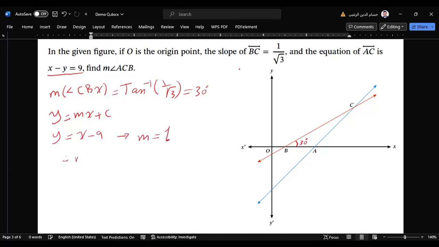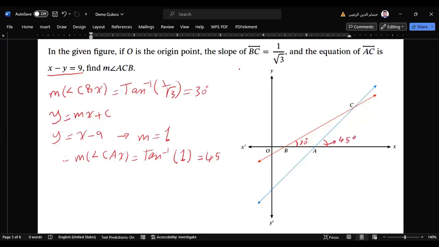Then the measure of angle CAX equal shift tan minus 1 of 1, which is equal 45. So this one is 45 degrees.